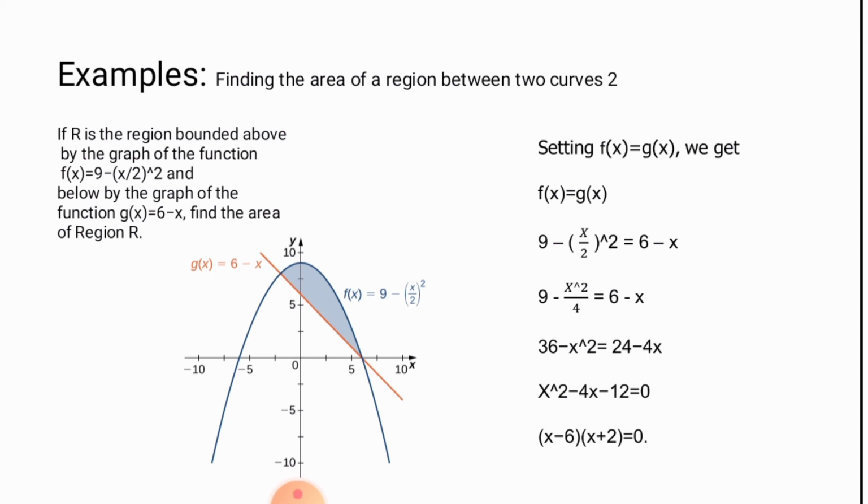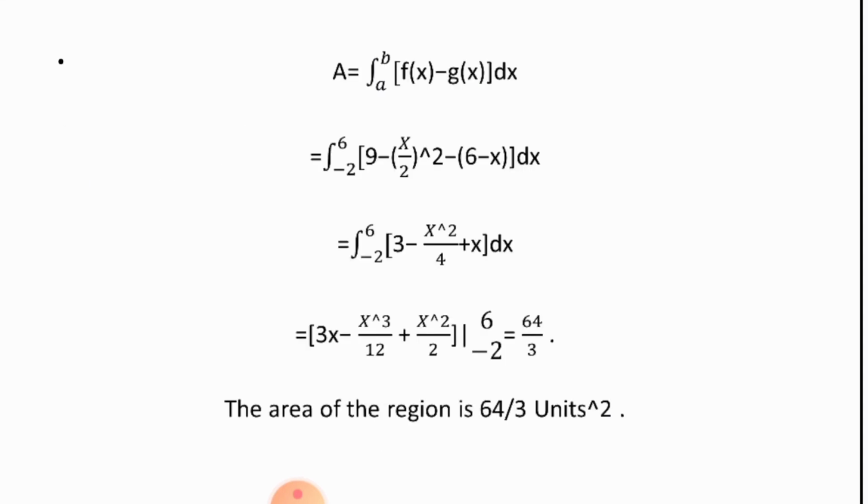Then we come up with the result: x minus 6 times x plus 2 equals 0. This will be the solution.